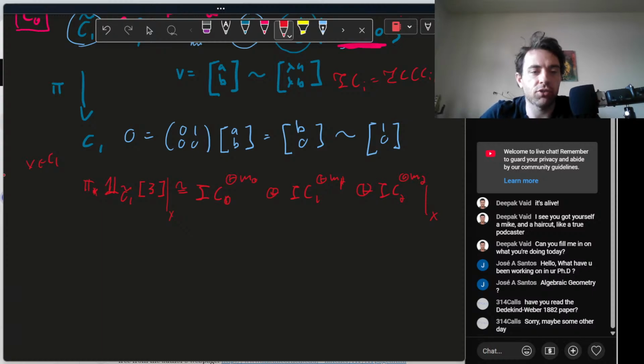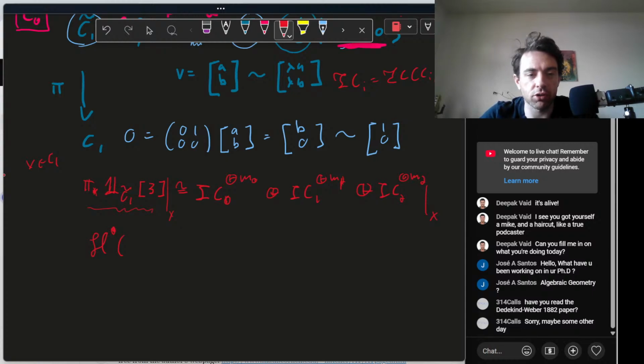The left-hand side is just a fact about pushing forward the constant sheaf: this will be the cohomology sheaf. When we restrict this to the orbit, it'll just be the cohomology sheaf of the inverse image of pi. That's a general fact.